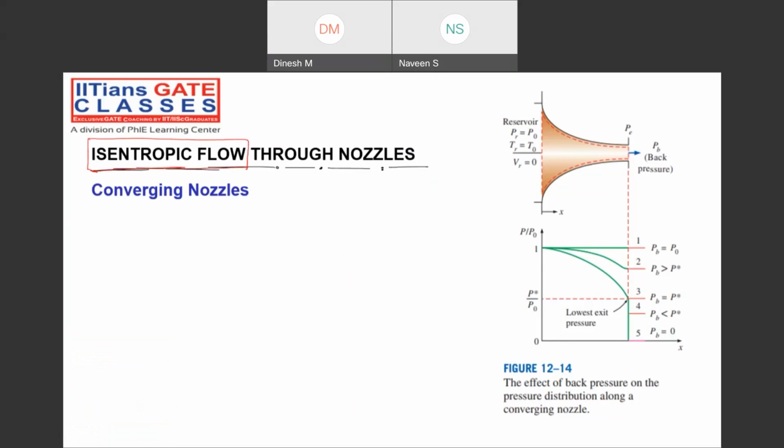Isentropic means there is no friction and no heat transfer to or from the surroundings. That means it is an insulated one.